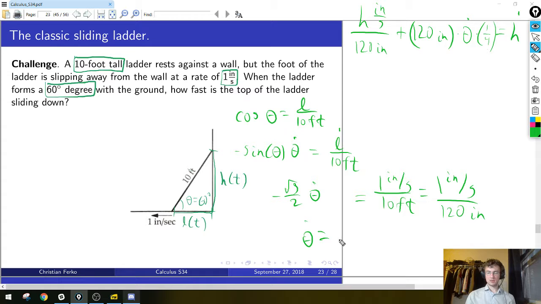So theta dot should be minus 1, the 2 cancels to give us a 60, so 60 root 3. Am I doing this right? The 2's give us a 60 and there's a root 3 downstairs, per second. Does that look right?